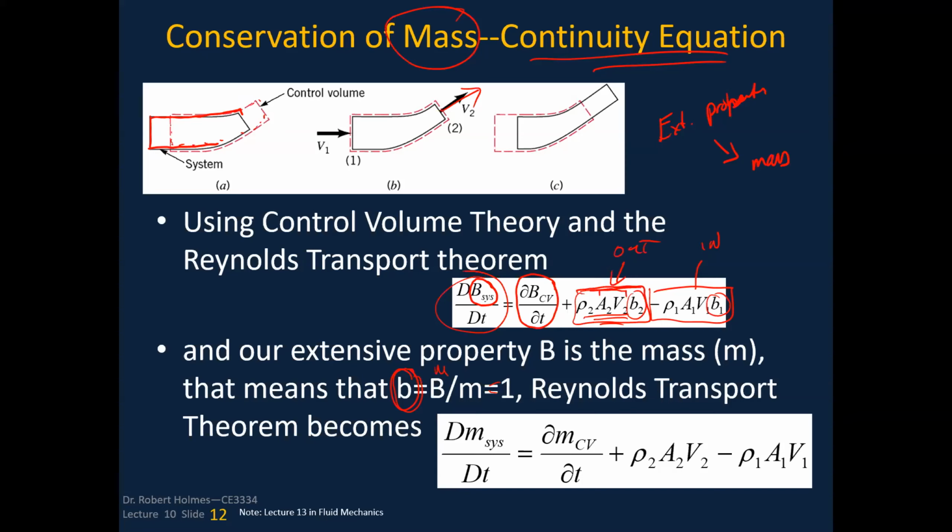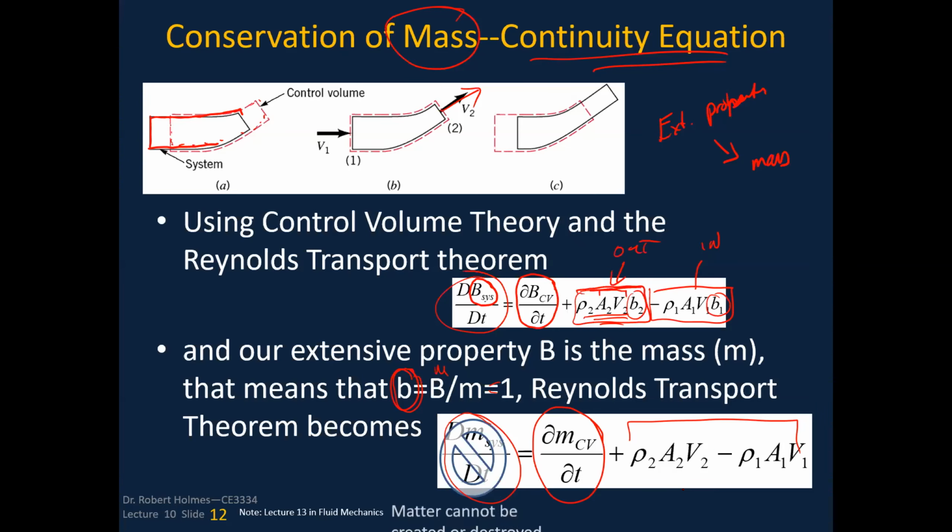And so I can rearrange that and say, okay, the change of the mass of the system with respect to time is equal to the change of the mass in the control volume plus the net flux change of the mass as it fluxes across the control volume boundaries.